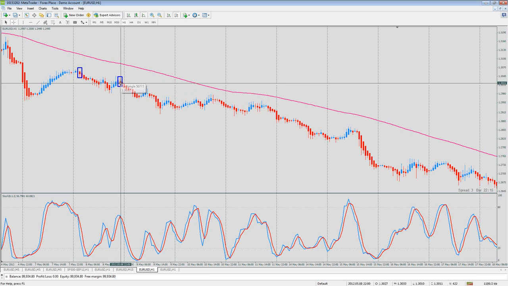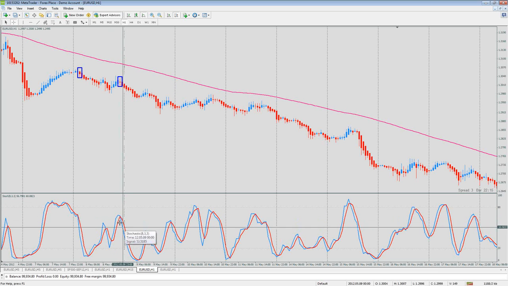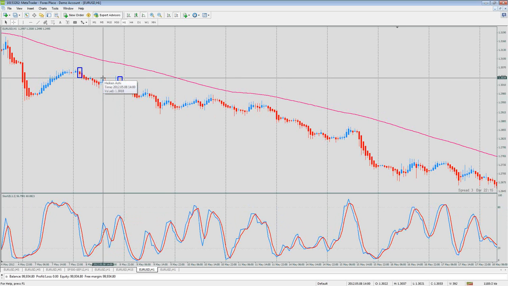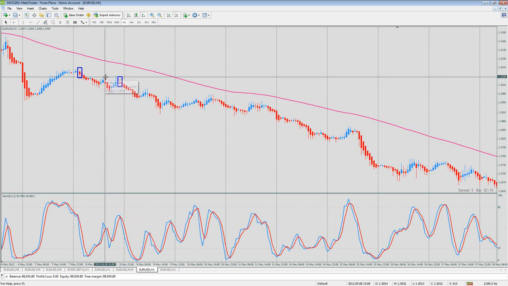You see this Heikin-Ashi, this doji here, and the stochastic gives us a reversal. You can see here the stochastic going up, higher than the previous high, although we don't have a higher high here. So that's also sort of a hidden bearish divergence.